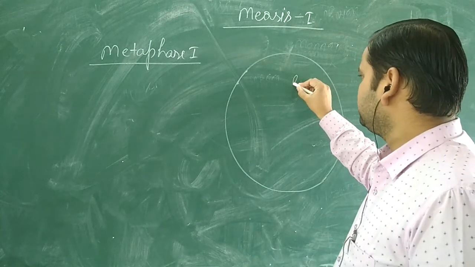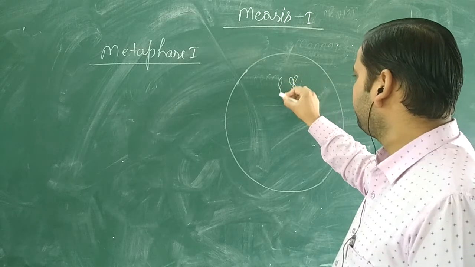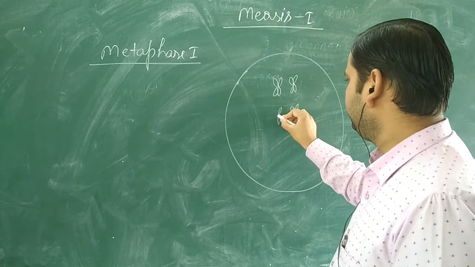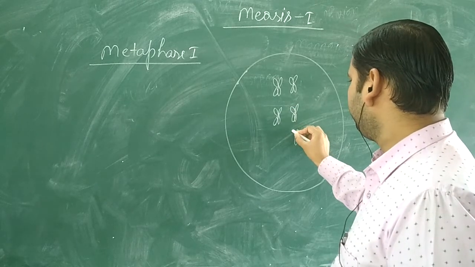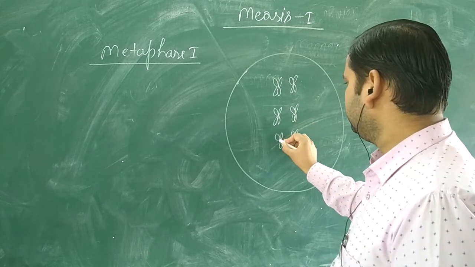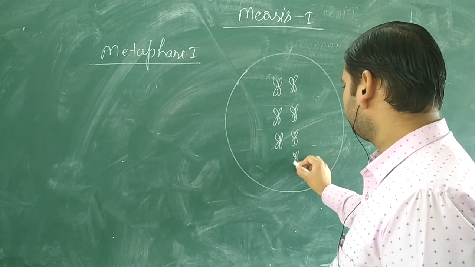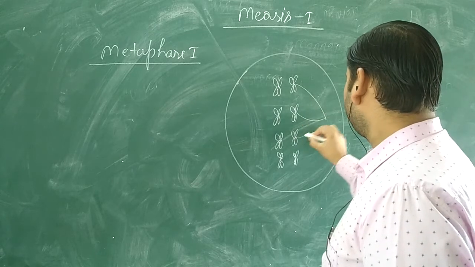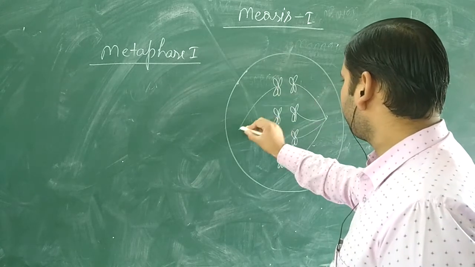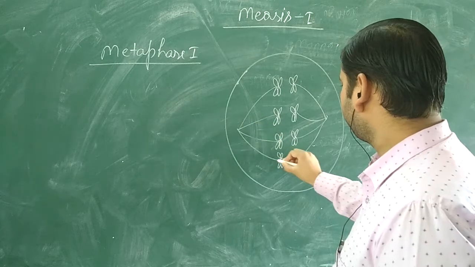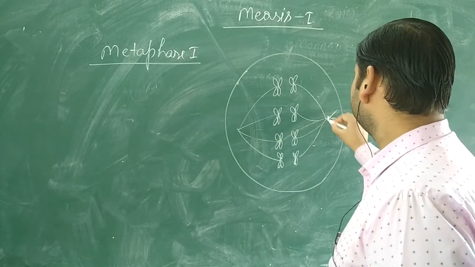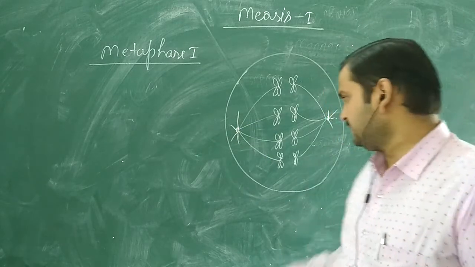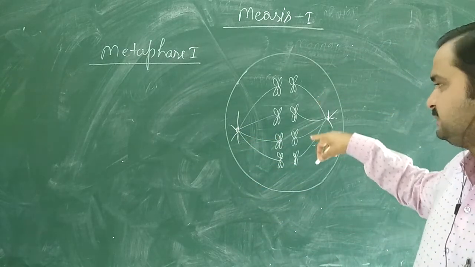So here what happened? All the paired chromosomes will align at the equator of the cell. So these are the centrioles, these are the spindle fibers.